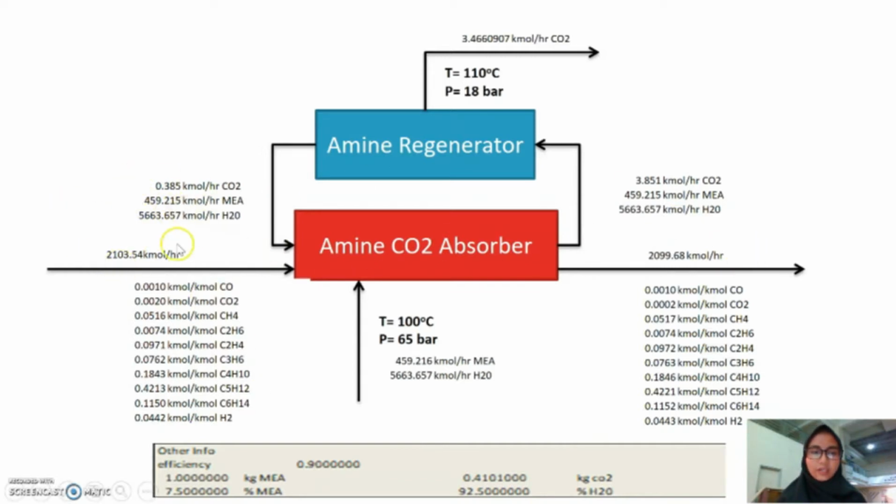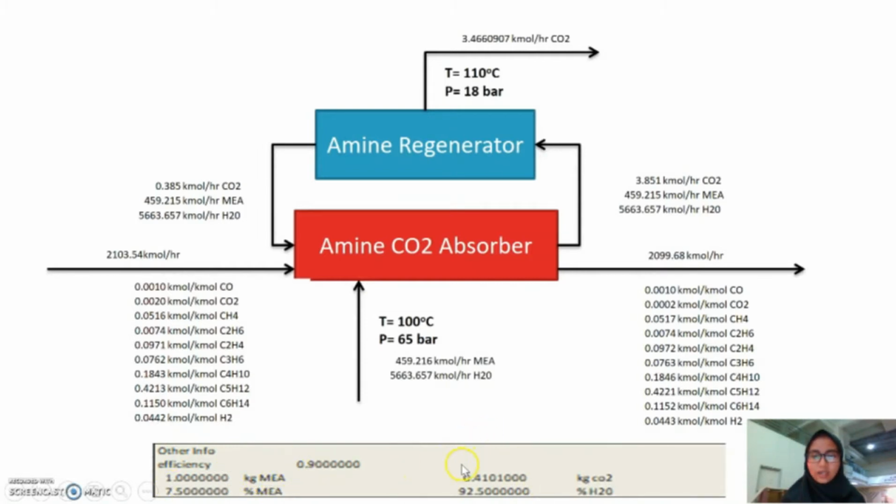The inputs have 0.01 and 0.02 carbon dioxide mole fractions, and at the end of the streams, the output stream only has 0.002 mole fractions of carbon dioxide, which means 90% of the carbon dioxide has been removed from the compound. The efficiency of the carbon dioxide removal is 0.9.